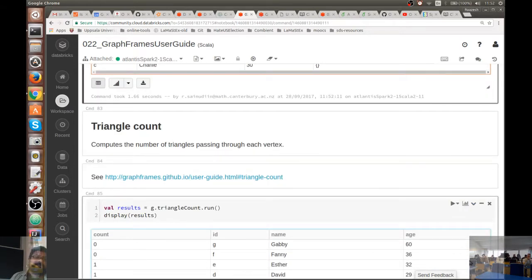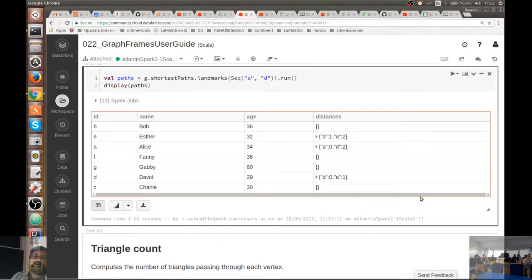And triangle counts is another implementation. So these are the default ones. In fact, when we did this, we had a slight modification of the existing shortest path algorithm, and it's not that much. The reason is we're not just interested in the sum of all the paths along the shortest path.